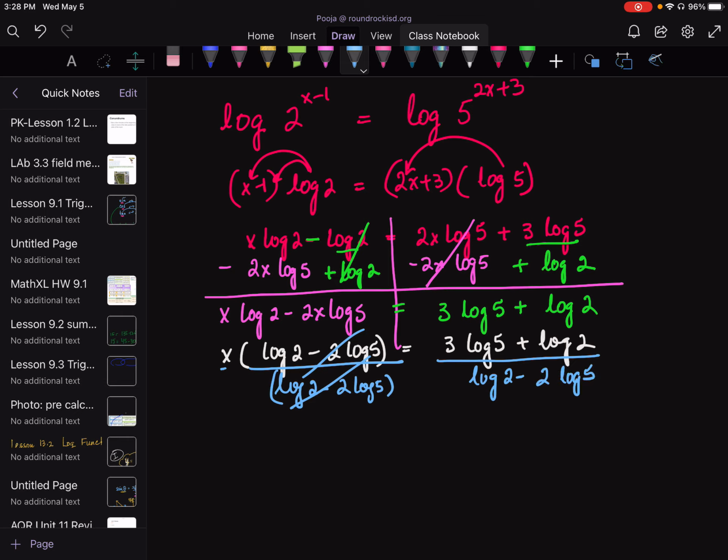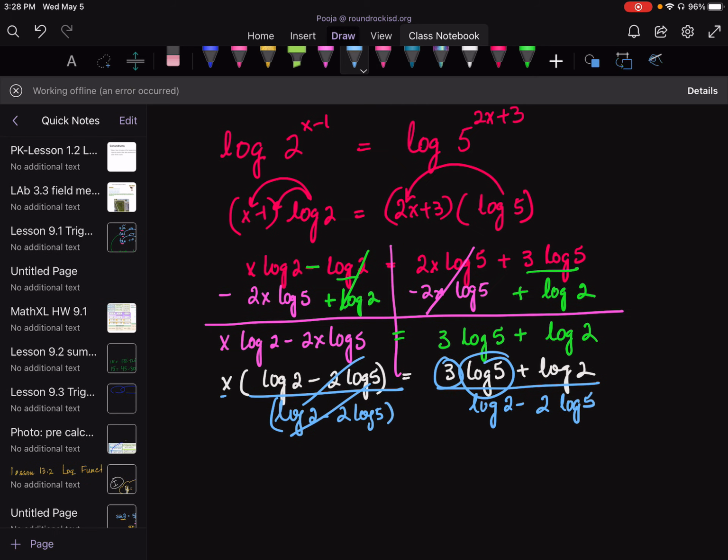This means 3 times log 5, which has a value you can find from the calculator. Add to that log 2, which also has a direct value, and then divide by the difference of log 2 minus 2 times log 5.